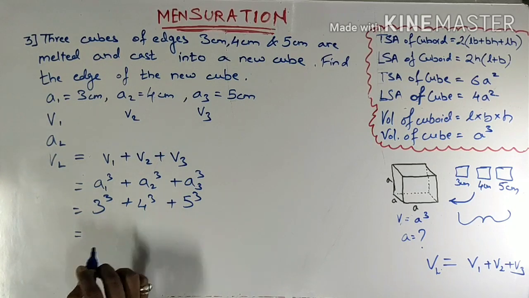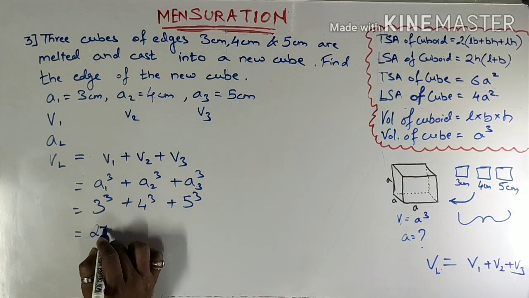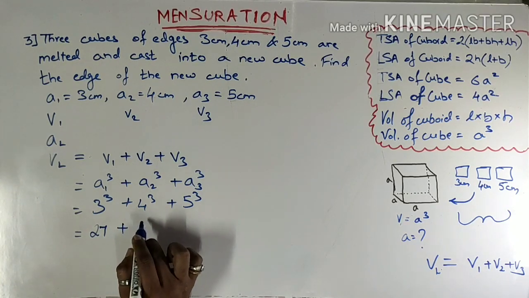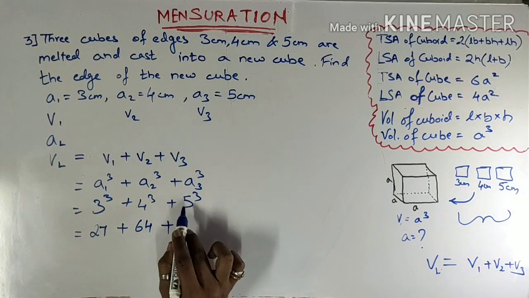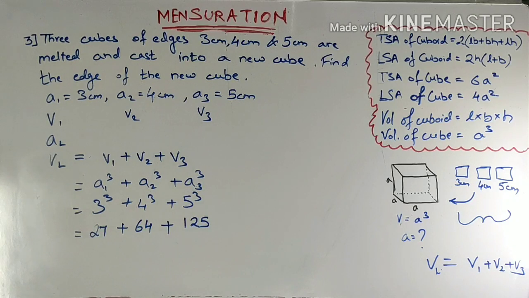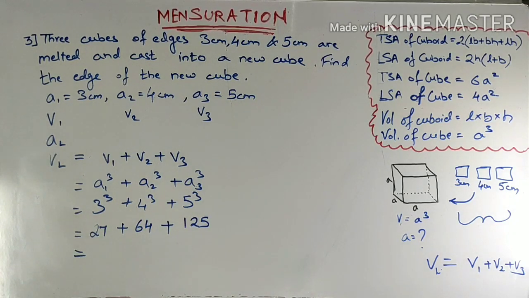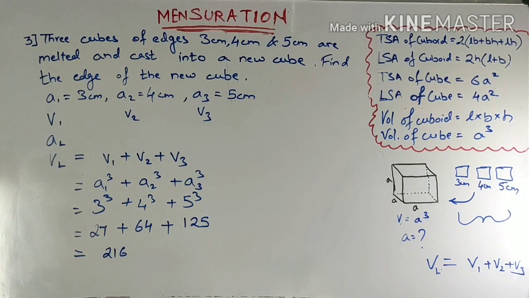Let's find the cube of 3, which is 27, cube of 4 is 64, and cube of 5 is 125. Okay, so the addition gives me 216.